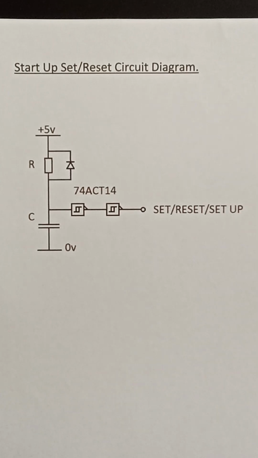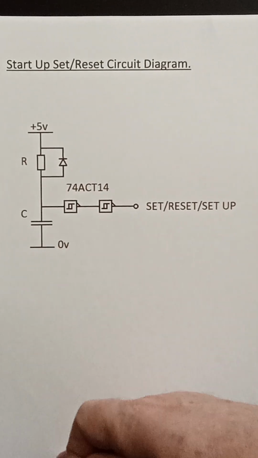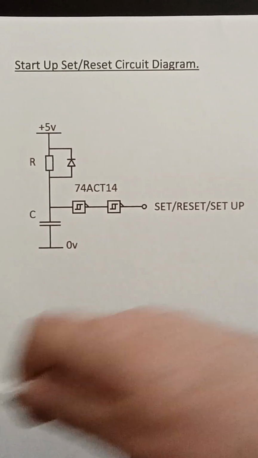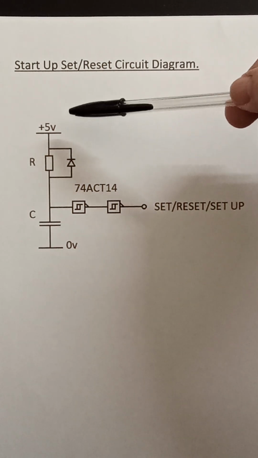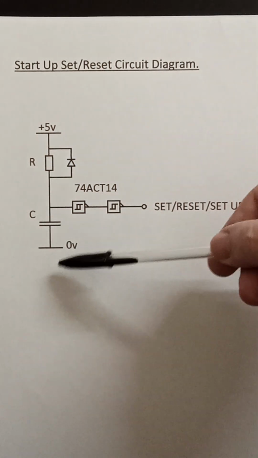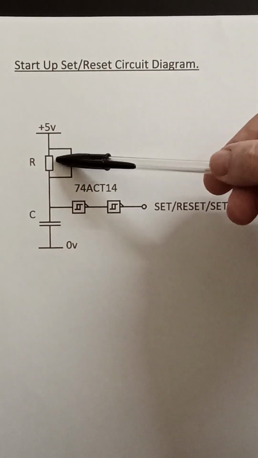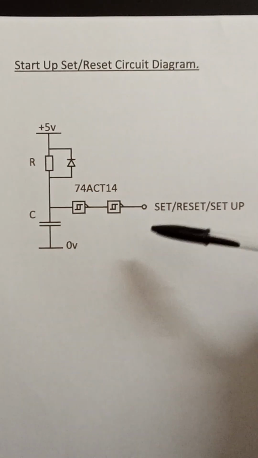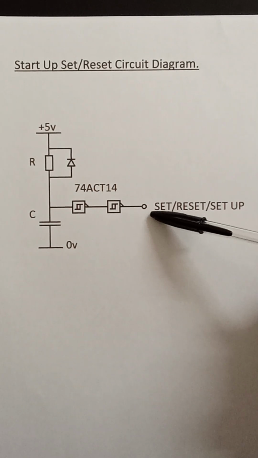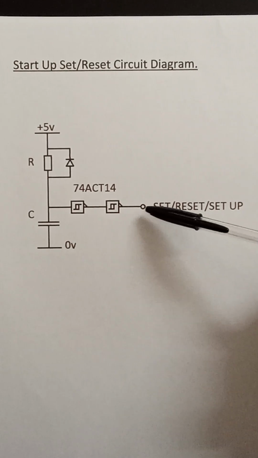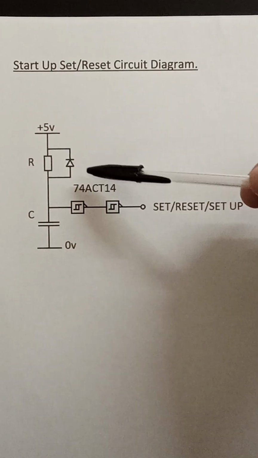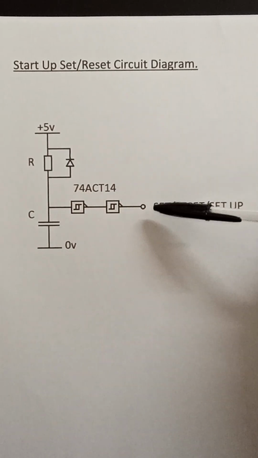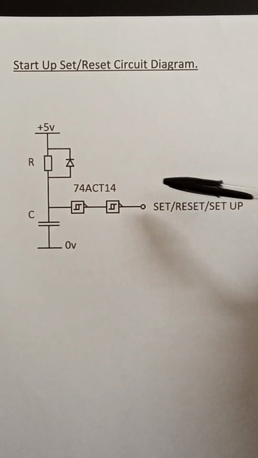Lastly, I'll have a startup reset counter circuit. Basically, when you apply the supply voltage, this capacitor here charges through this resistor and the output is momentarily quaternary logic 0. Then when the voltage on the input reaches threshold voltage, it goes to a quaternary logic 3.